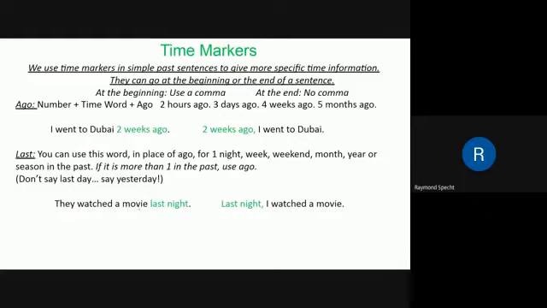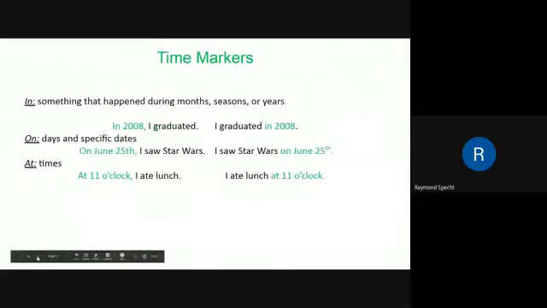They watched a movie last night. Last night, comma, I watched a movie. Why the comma? The time marker is in the front. Okay, going to continue here. Take 1 minute, read over this before we talk about it.